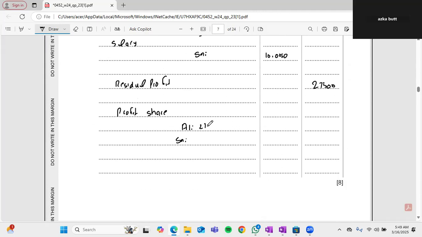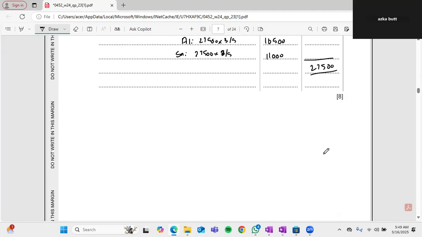So 27,500 multiplied by 3 over 5, and 27,500 multiplied by 2 over 5. This is equal to 16,500 and this is equal to 11,000. And altogether this is 27,500. Okay, so we are done with the account.